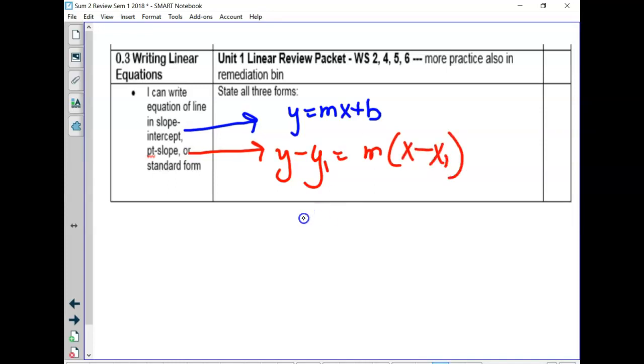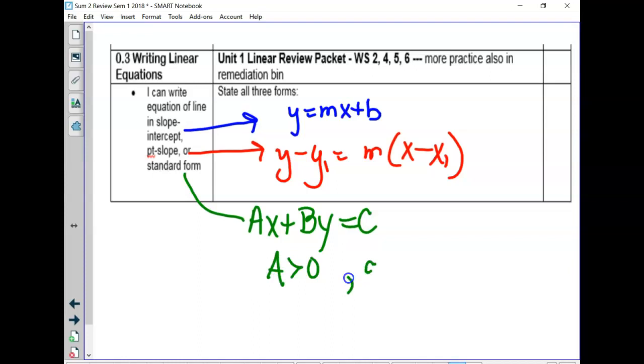You know what? You guys did well on that. It was not an issue of the form last time. I mean, most of you at least tried that form correctly. What's the big thing with standard form? A has to be greater than 0, and they all have to be integers, meaning no fractions or decimals. Everybody good?